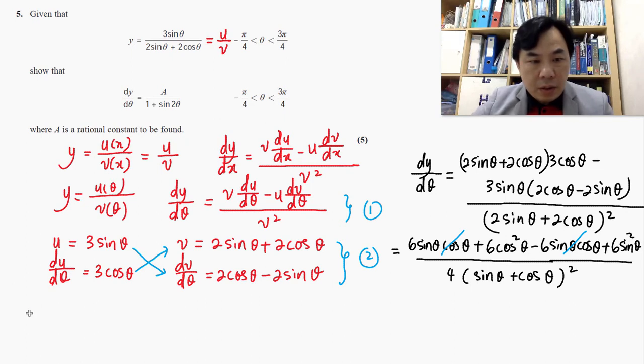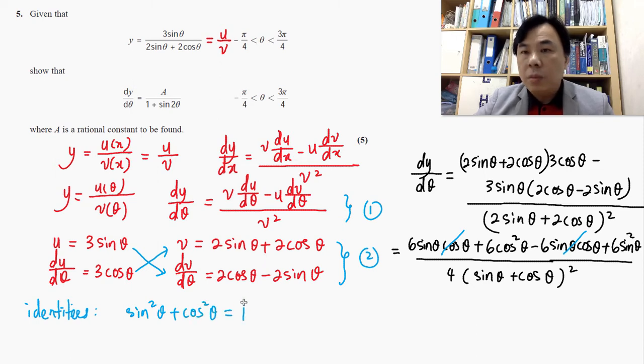So I'm going to write down some of the identities. You can refer to the data booklet again. One of the identities that I always use, or which is always required in the exam, is sine square plus cos square equal to 1, or the second one.